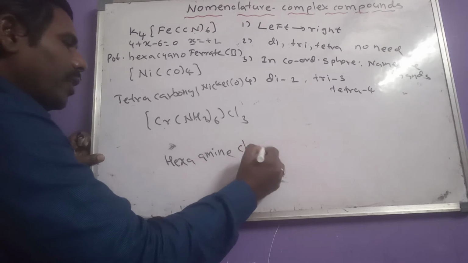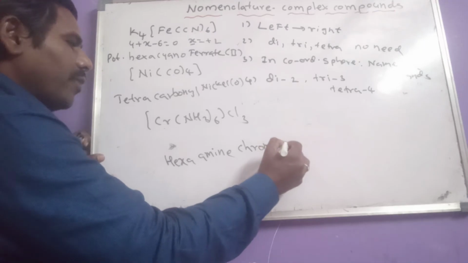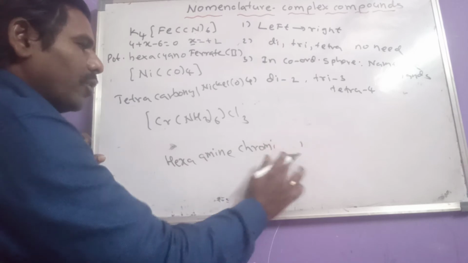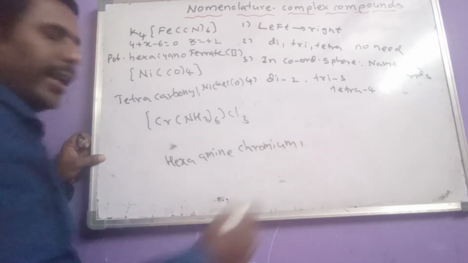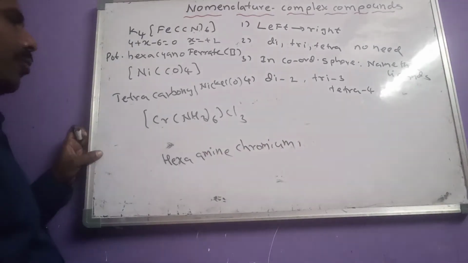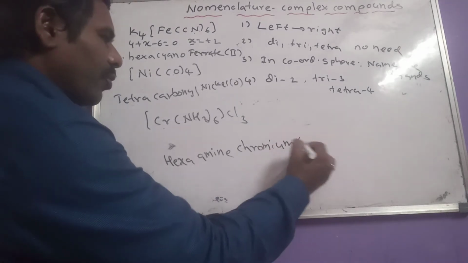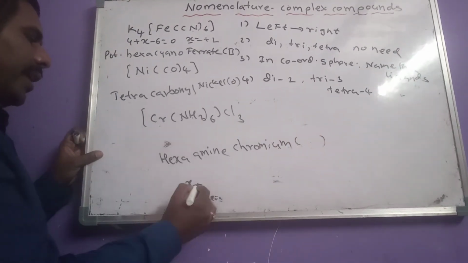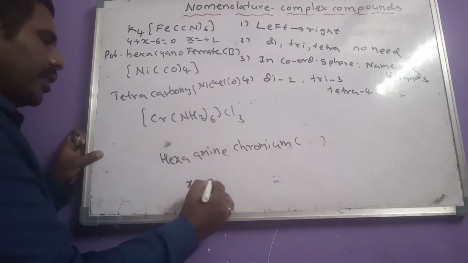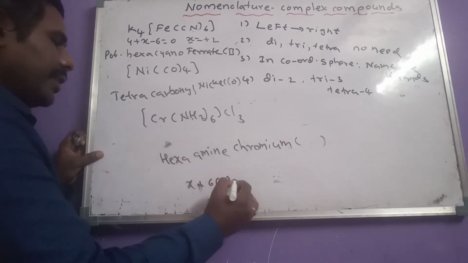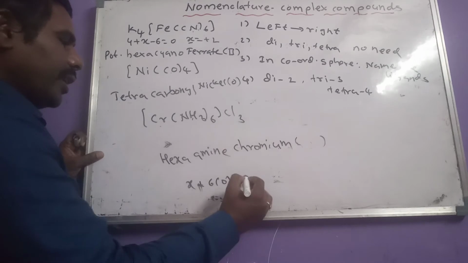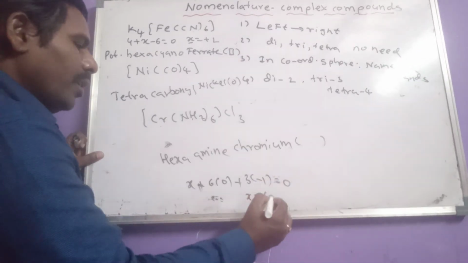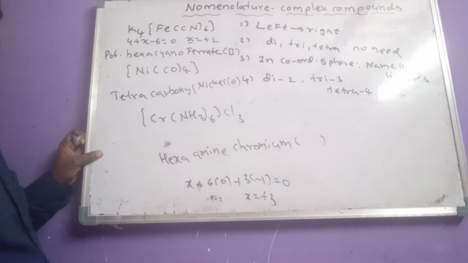No need to write its Latin name, no need to write chromate, just chromium. Immediately we write the oxidation number. Let chromium be x, ammonia has oxidation number 0: 6 into 0 plus x plus 3 into chlorine minus 1 equal to 0. So the oxidation number is +3.